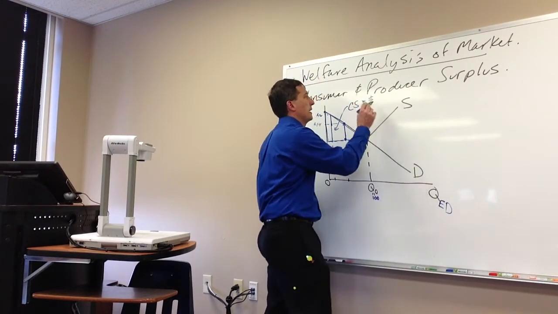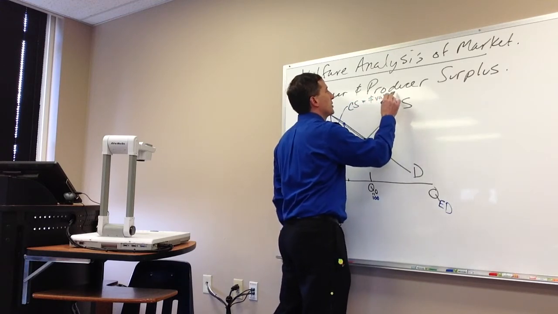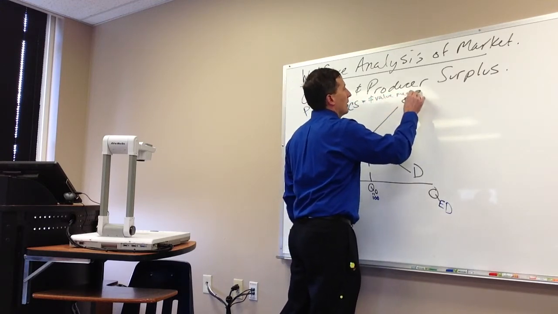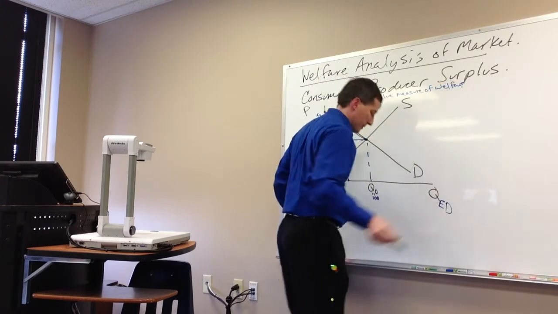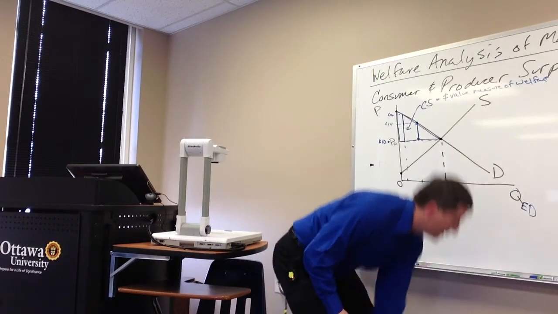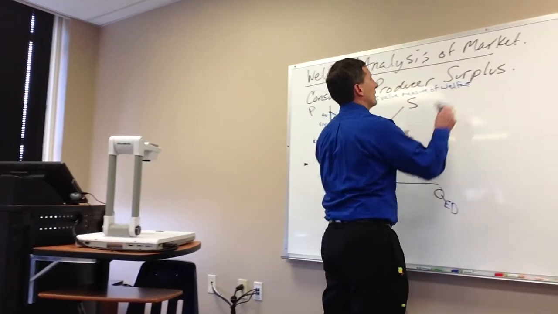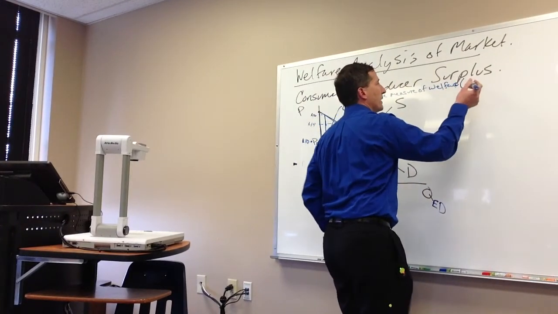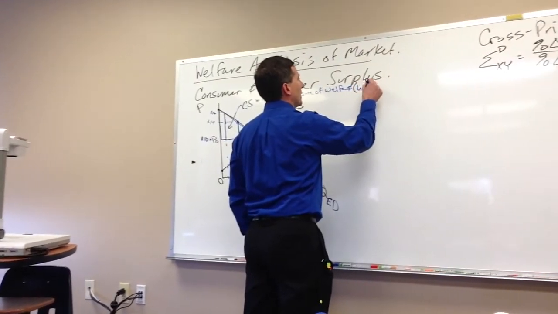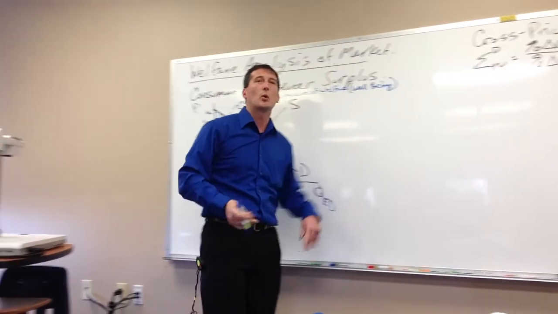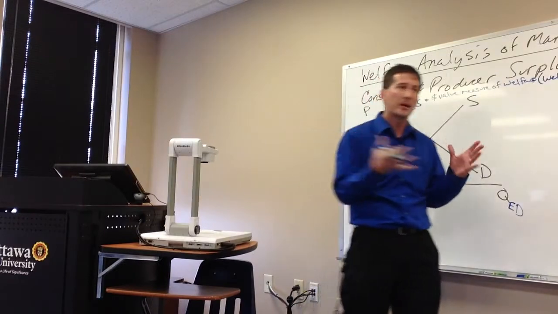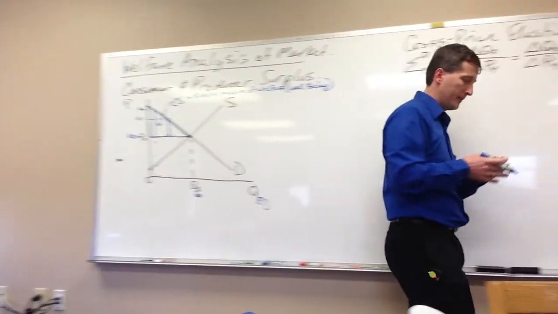I do want you to keep in mind that it's a dollar value measure of welfare. It's a dollar value estimate of welfare. And when we say welfare, we're not talking food stamps and unemployment. We're talking well-being. The well-being of the consumer is what we mean by welfare of the consumer.